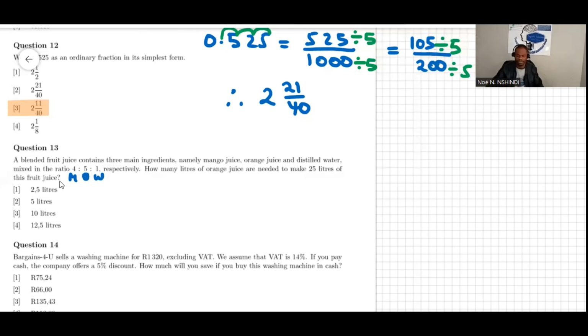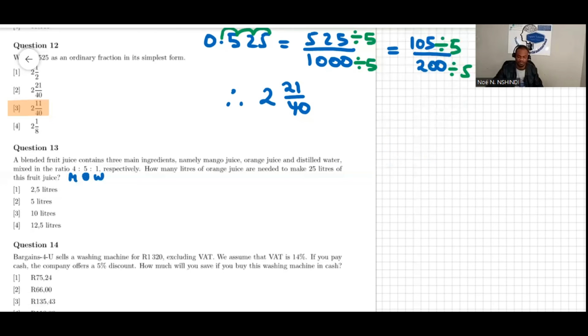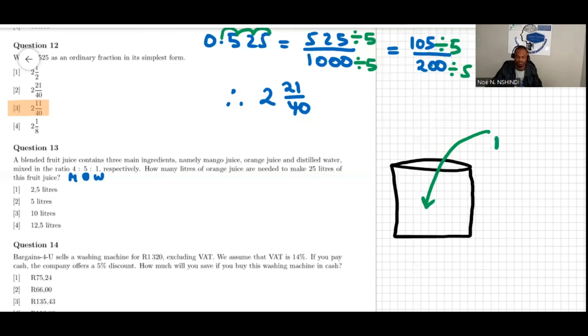It is all 25. Let me draw a picture here so we can understand the question better. Let's say we have 25 liters of juice here. We draw a container. Over here we have mango juice.